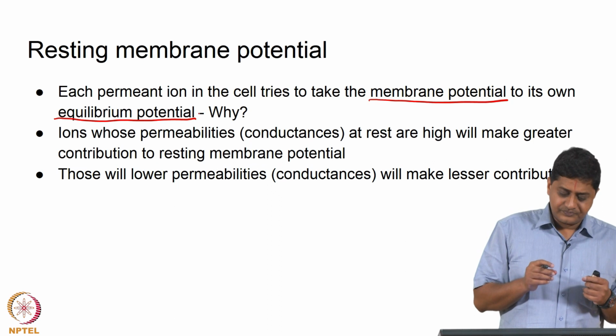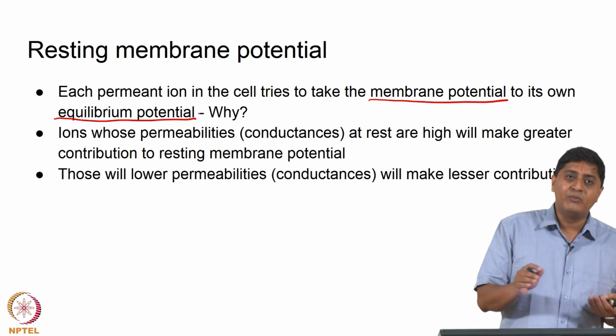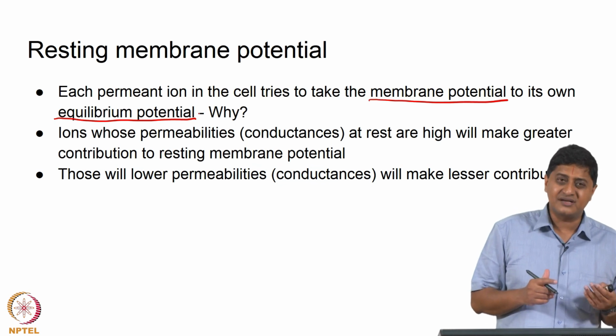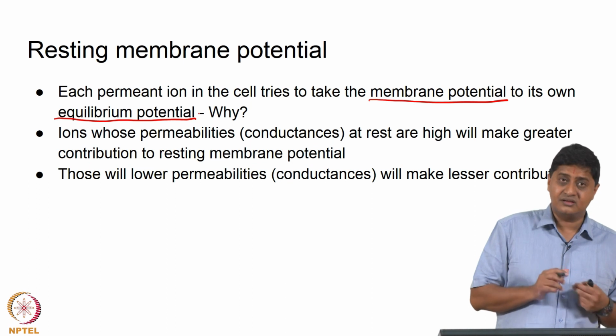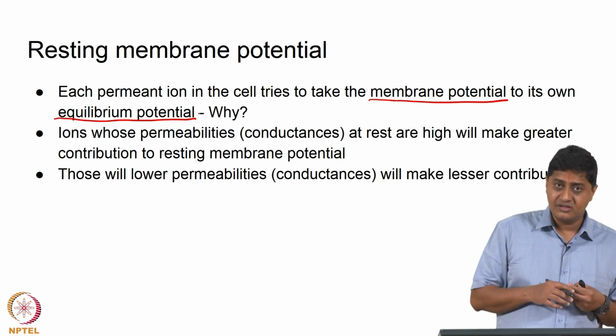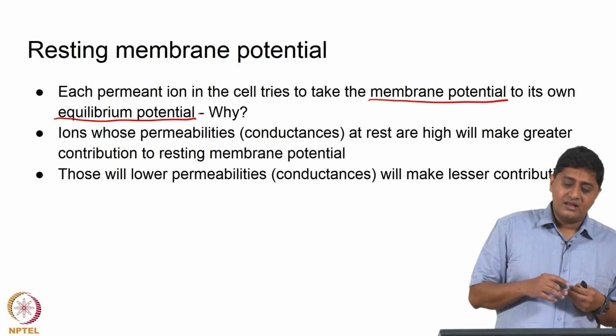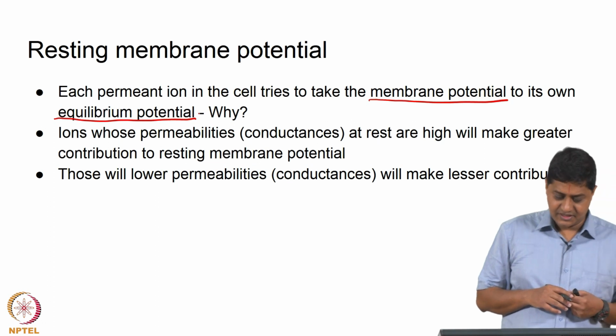For that ion, that is the potential at which there will be no net movement of that ion, is it not? This is also called the Nernst potential. If the biological membrane were at the equilibrium potential of say sodium or potassium, then that ion will not move, right. This is what we explained in the previous class, is it not?